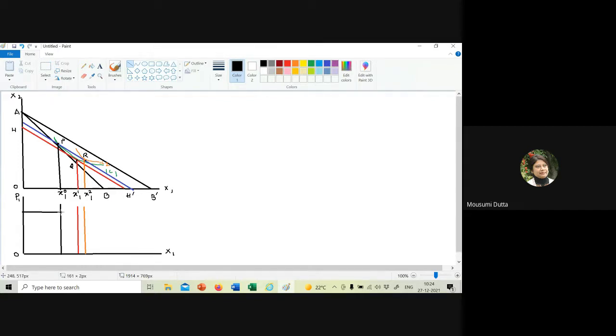This is the initial price. Okay. And I am also drawing the reduced price and keeping it like this.